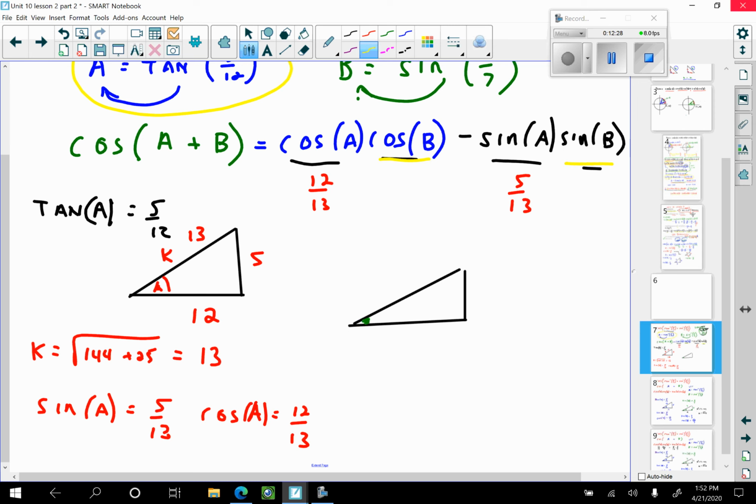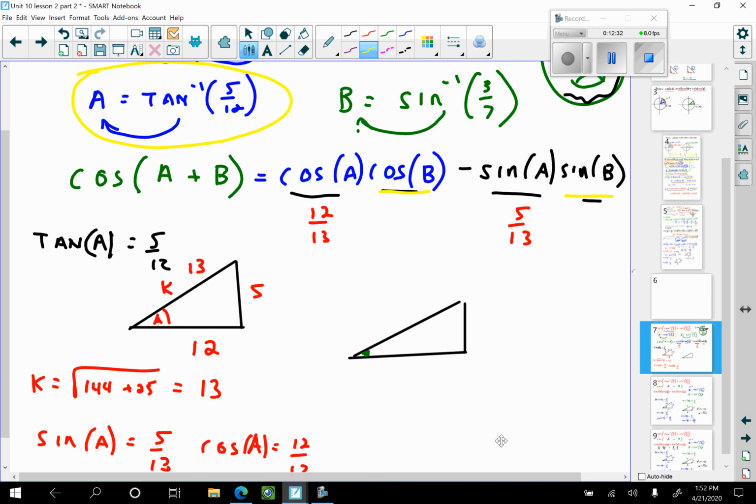And what do I know? If I scroll up here just a little bit, I know that this B is the inverse sine of 3/7, so it's going to be true that the sine of B is going to equal 3/7. This is going to be our angle B. By the geometric definitions, I'm going to label this triangle. This is going to be the opposite over hypotenuse.